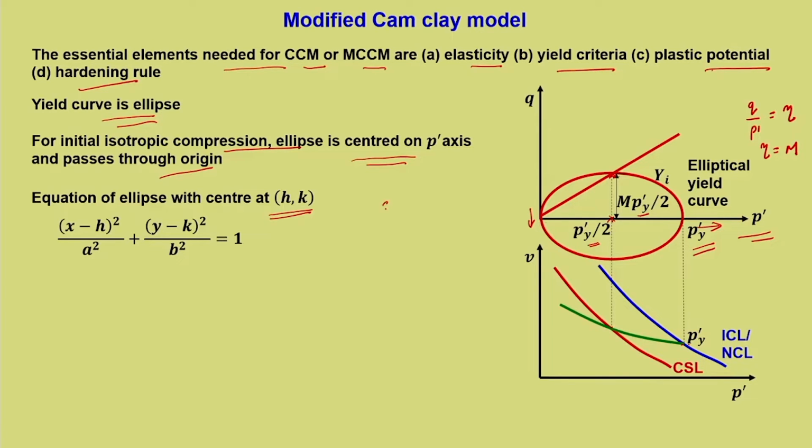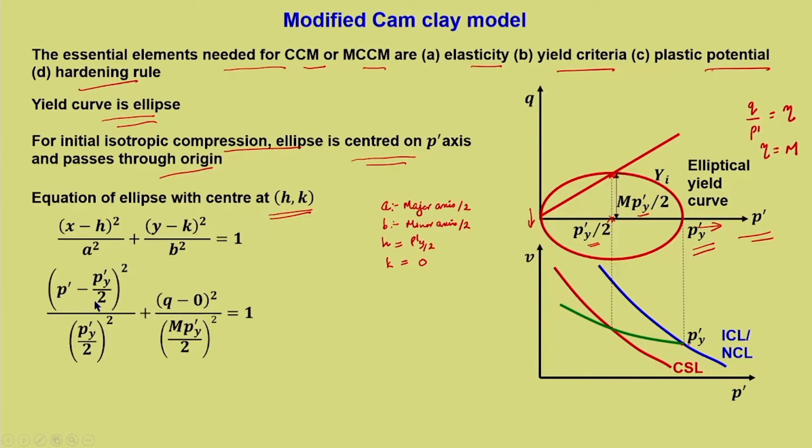So, a is major axis by 2 and b is minor axis by 2, as per the equation of ellipse, and h and k are the center. Now, here h is for p dash, that is p dash y by 2, and k, it is on the p dash axis, so it will be 0.